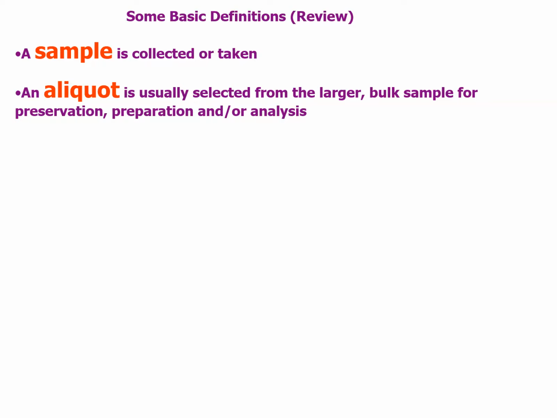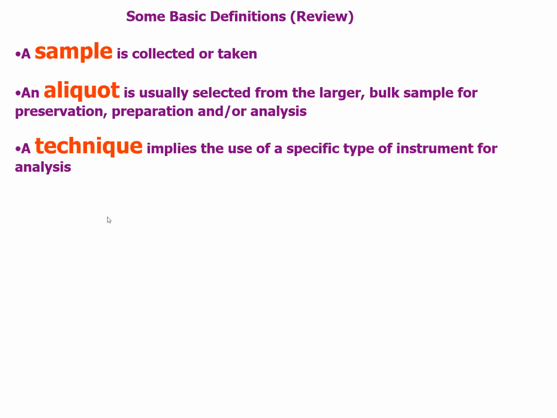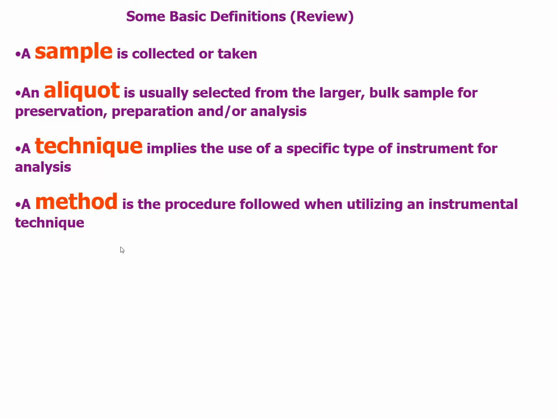You can prepare that aliquot, and then you can also analyze that aliquot. Another one is the technique. An analytical technique implies the use of a specific type of instrument for analysis. The other definition is a method. Method is the procedure followed when utilizing an instrumental technique.